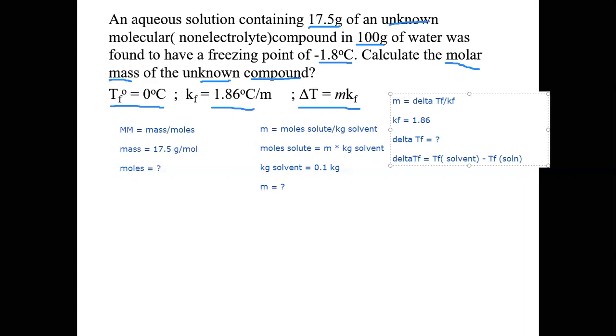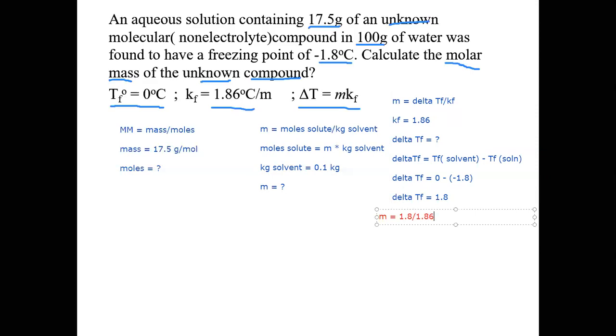So delta TF is equal to 0 minus a negative 1.8. So delta TF is 1.8. So now we know delta TF, we know KF, we can calculate the molality. So molality equals 1.8 divided by 1.86.